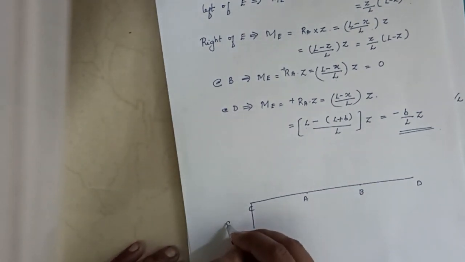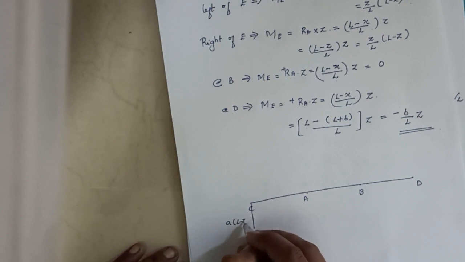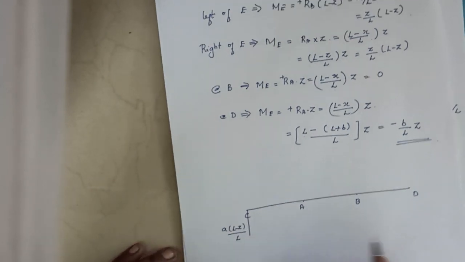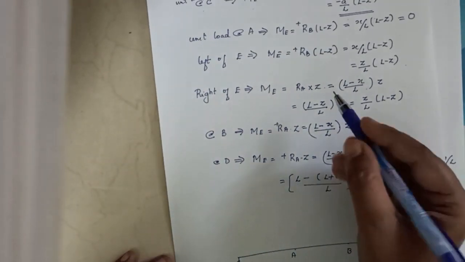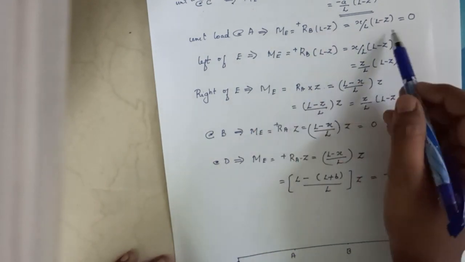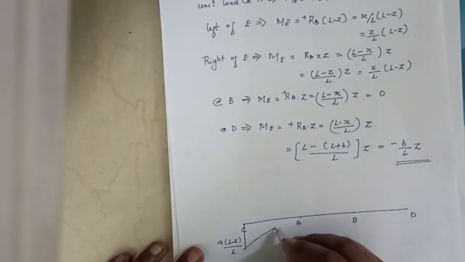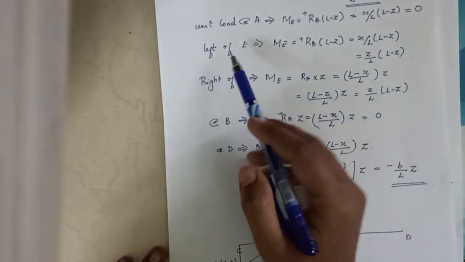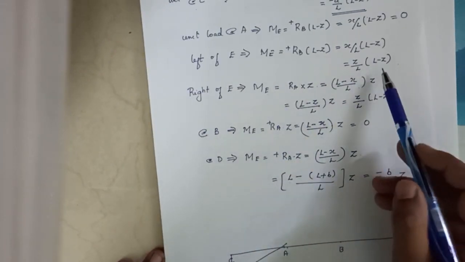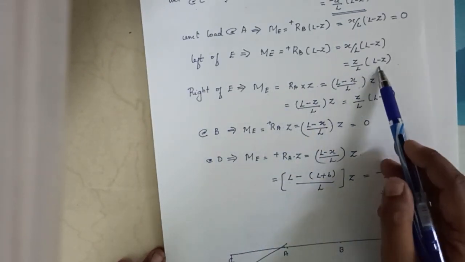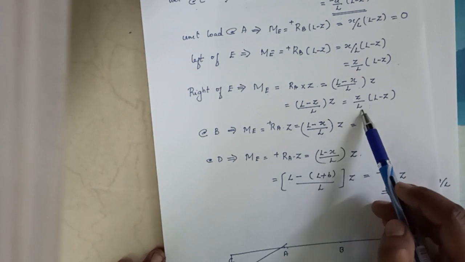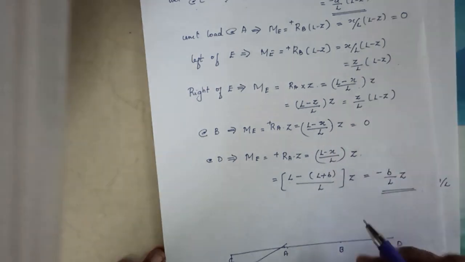So A into (L minus Z) by L. At A it is equal to 0. At E the values are same, that is Z by L into (L minus Z).